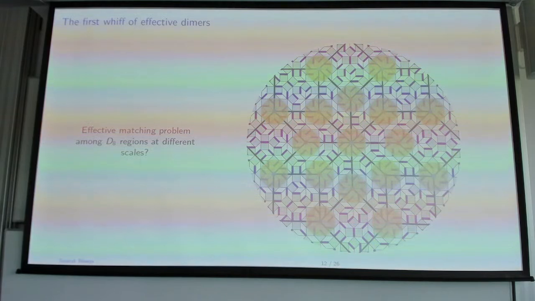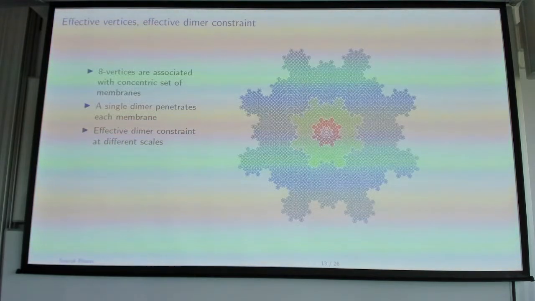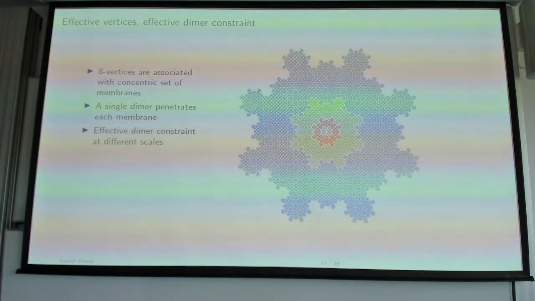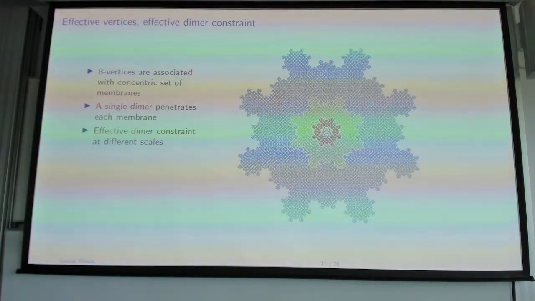What we can prove though is that every 8 vertex, if I really look at a large region around it, is surrounded by structures like these. These things are membranes, and we can prove that in the perfect or maximum matching, these membranes exactly have 1 dimer connecting this whole membrane to the rest of the lattice.